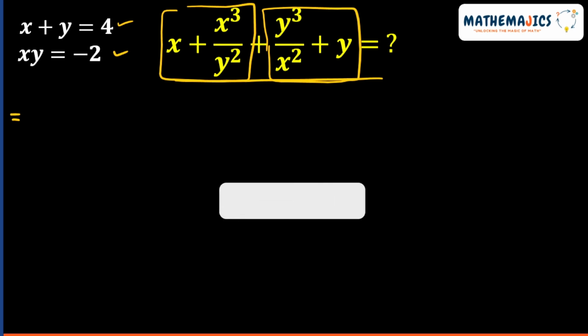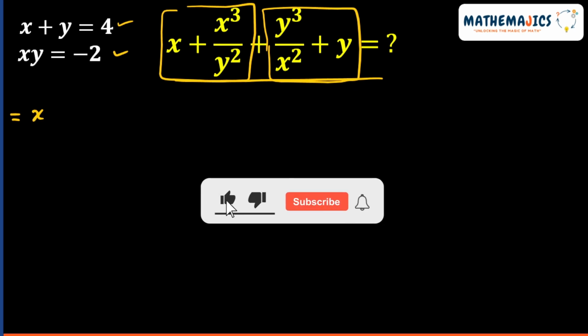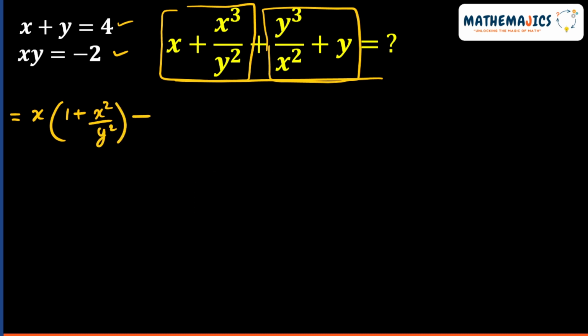In the first step, I will take x common and I will be left with 1 plus x square by y square. And from the next two terms, I can take y common and I will be left with y square upon x square plus 1.